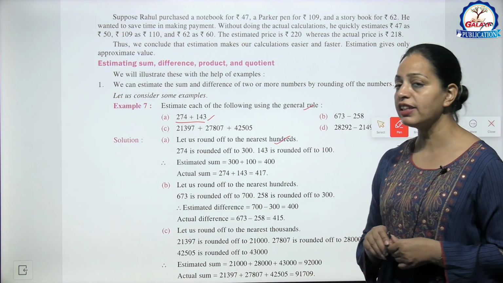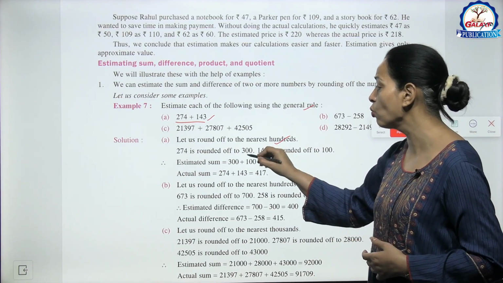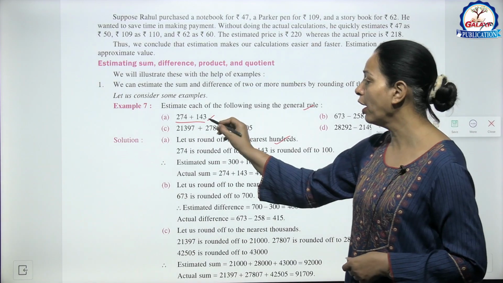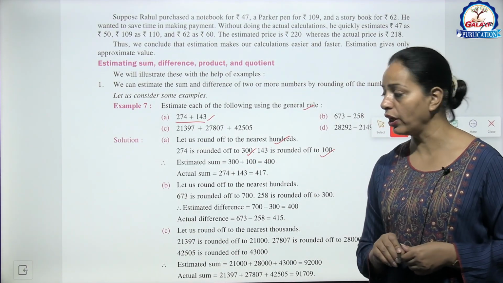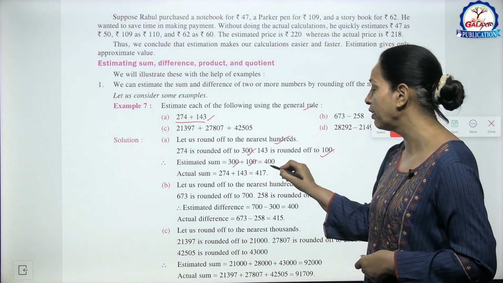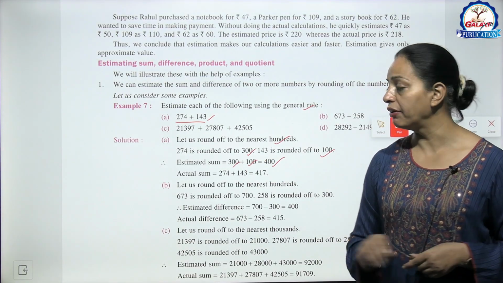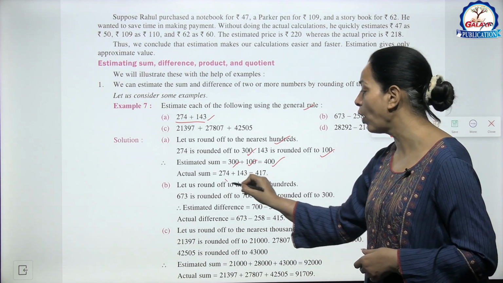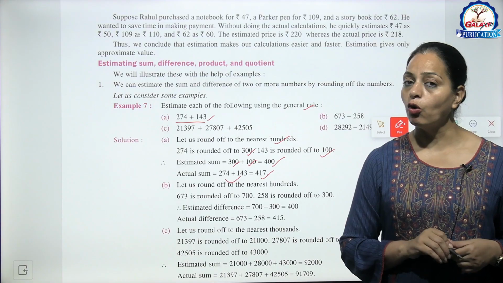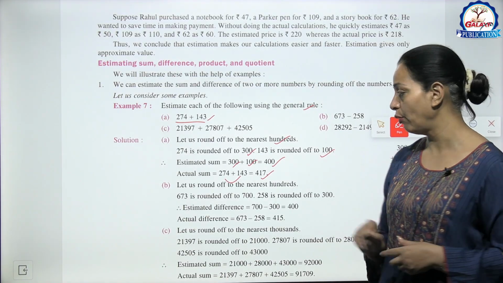So 274 is nearest to 300. 143 is nearest to 100. Okay, so 300 plus 100, that is 400. This is the estimated sum, and for the actual sum we will add both of these, that is 417, right?